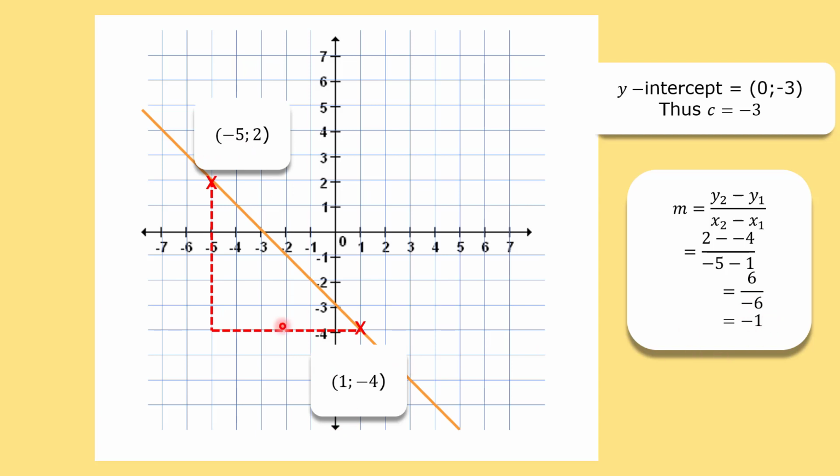That's negative 6. So we move down and we move right. So we can also say minus 6 positive, and our gradient will be negative 1. Note the gradient is down from the right. It's a negative gradient. So our formula is negative 1x, or just negative x minus 3.